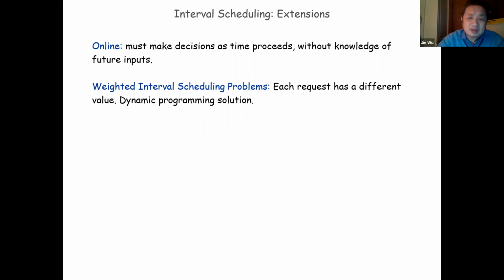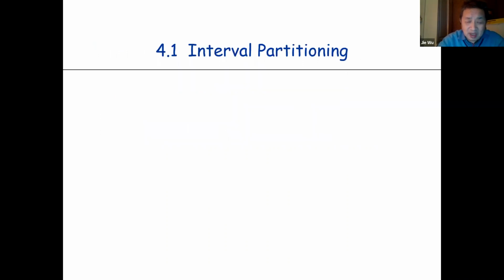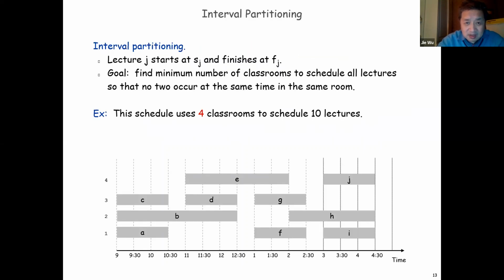Now let's go to the second problem called interval partitioning. So now let's again have a fun part. So imagine my daughter graduates and finds a job. She went to a data science company. The boss asked her, I appoint you as a team leader, so I give you a set of jobs to do.